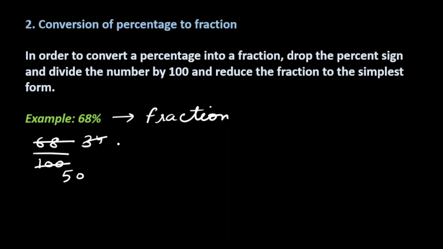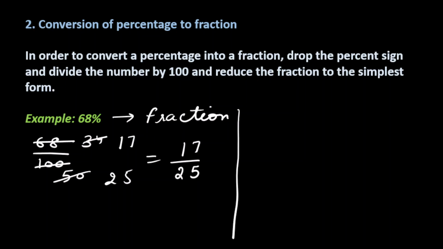Again cancellation on 2's table: 2 into 17, 2 into 25. Further cancellation is not possible. So 68%, if we convert it into a fraction, is equal to 17 by 25.